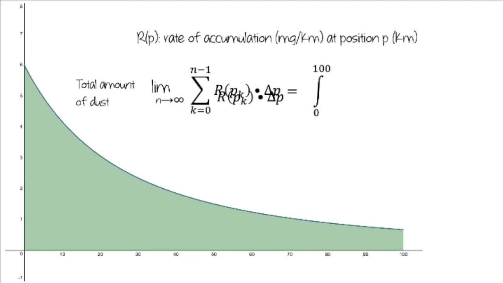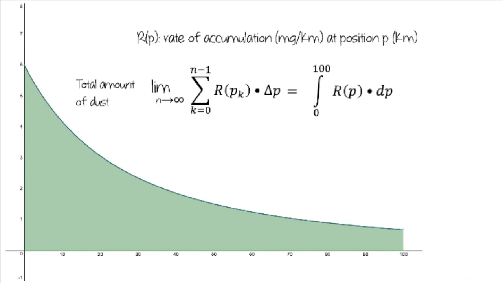We're still multiplying the rate of accumulation by the length of the interval, but since we're looking at the limit as the number of intervals approaches infinity, we're no longer looking at a specific value of P. And the length of intervals gets infinitely small, which we show by changing that to a dP, like we did with derivatives.